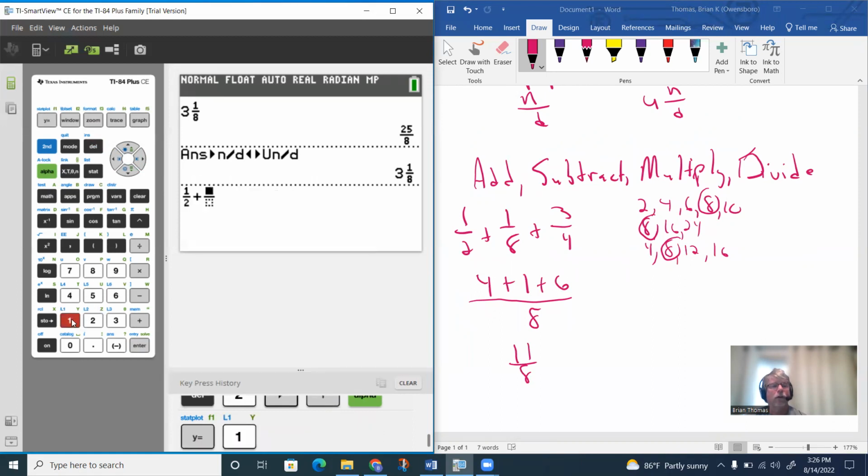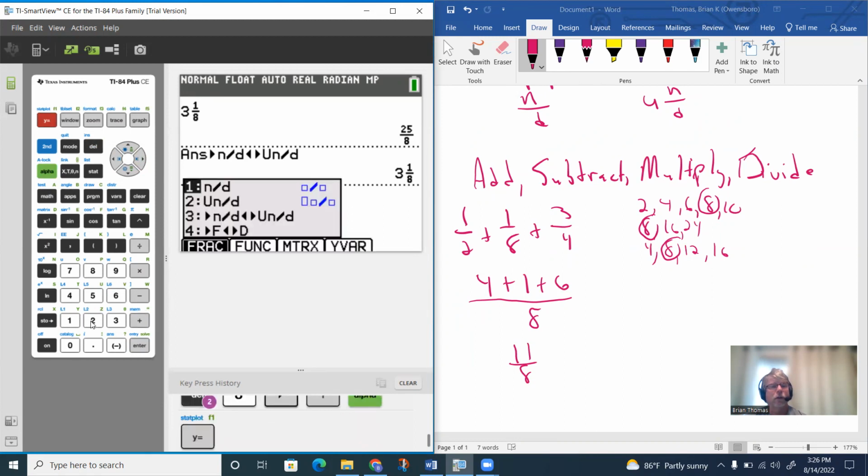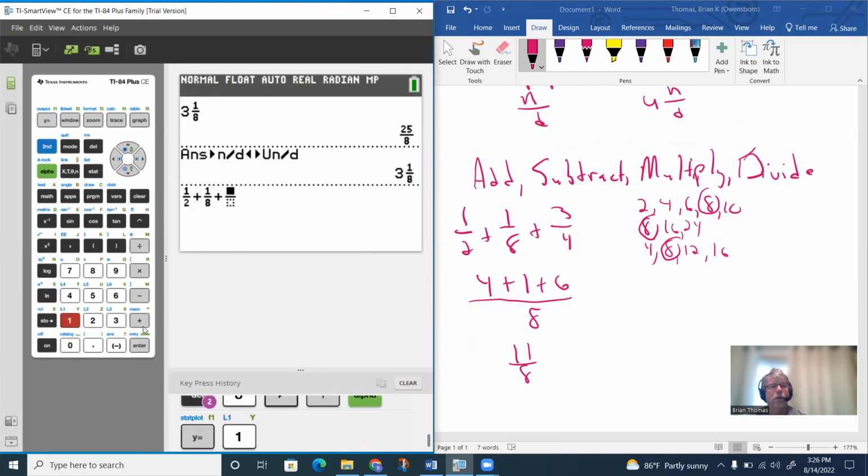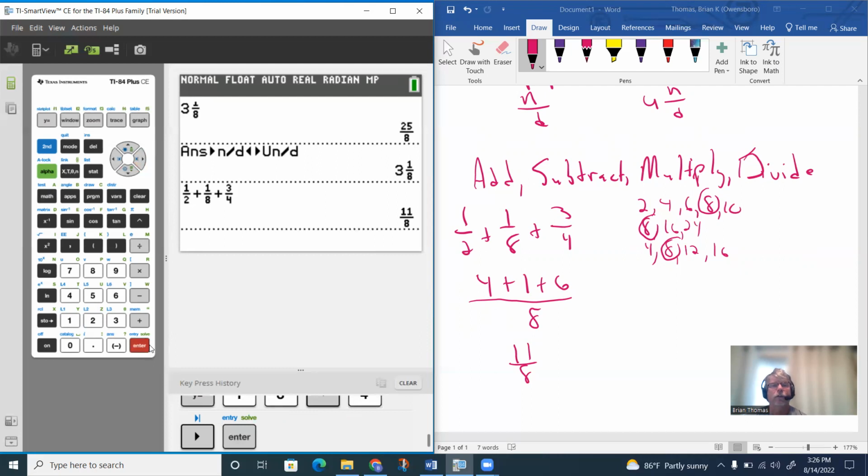If I have this 1 on the bottom, notice how again I typed the wrong number there. I need an 8. So if I hit delete and hit delete again, it'll actually remove that for me. And then I put an 8 in. There's a couple ways to delete. You just have to practice and see what works for you. Then if I add in this 3/4 and hit enter, notice that does give me the 11/8.